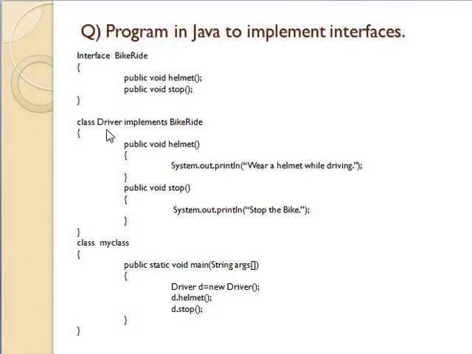That means only the class driver which implements the interface bike ride will contain the essential details of the methods helmet and stop, represented inside their body part in the class driver. In this way interfaces are used to achieve abstraction in Java by hiding the essential details of the methods.